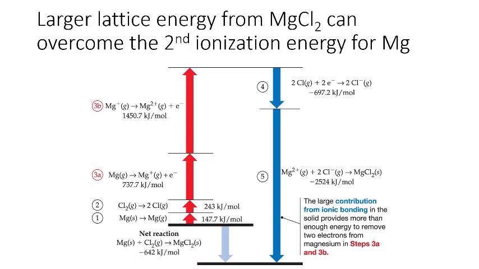So next, if we were to take a look at the formation of magnesium chloride, we can see a similar situation here and the real importance of our lattice energy. So here we have magnesium solid turning into a gas again, splitting of diatomic chlorine. And then we have two separate ionization energies to rip away the two separate electrons to form Mg2+. So we have a big energy input for those two ionization energies.